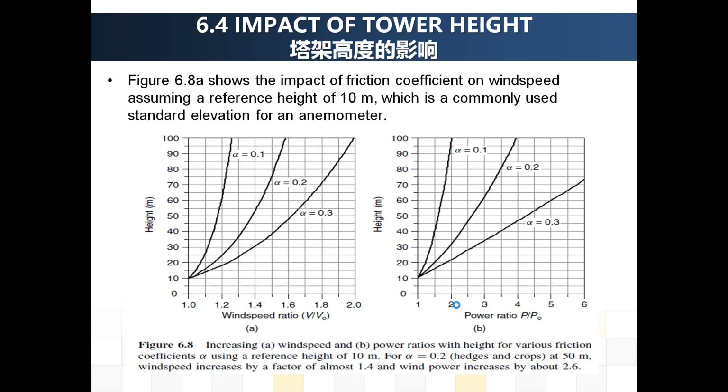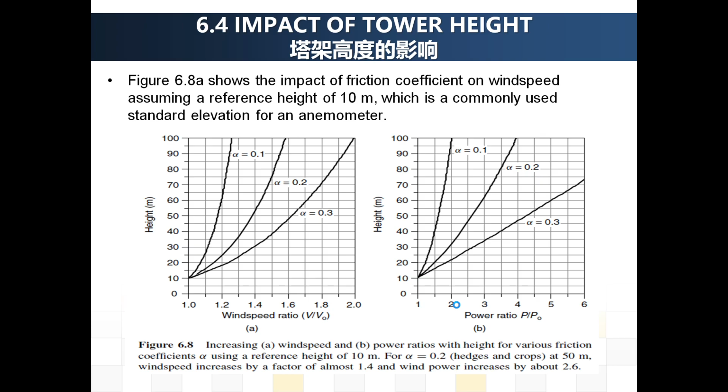Figure 6.8a shows the impact of friction coefficient on wind speed, assuming a reference height of 10 meters, which is a commonly used standard elevation for an anemometer.